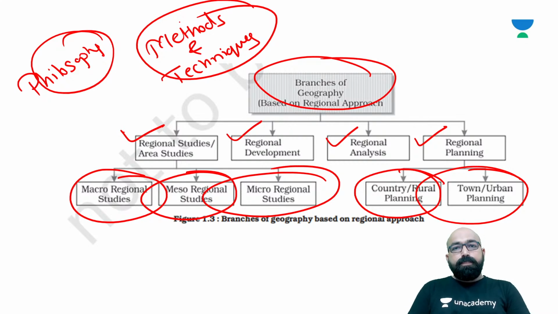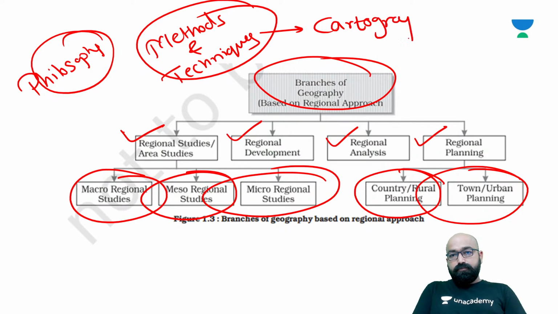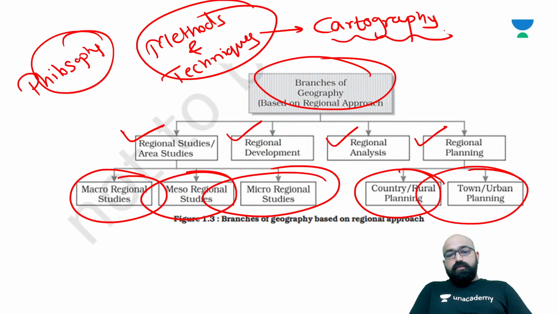So in philosophy, we will cover the geographical thought, then land and human interaction, like human ecology. Whereas in methods and techniques, we are covering the cartography, including computer cartography and quantitative techniques like statistical techniques.